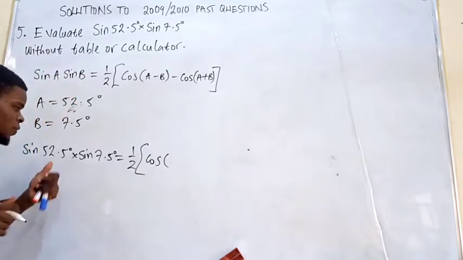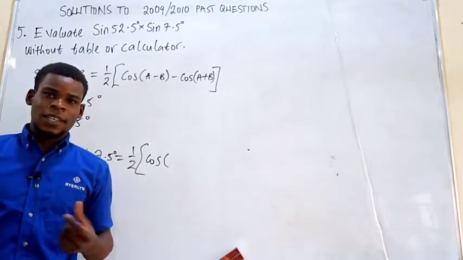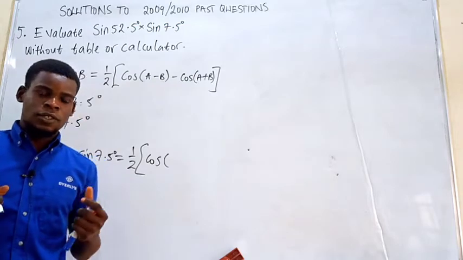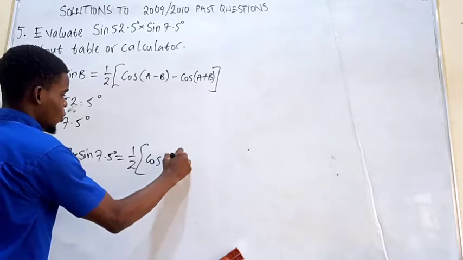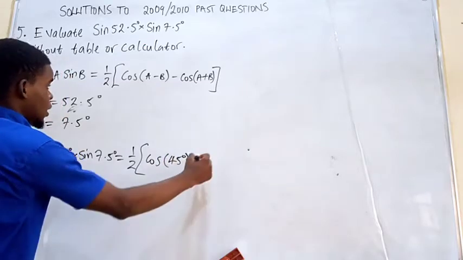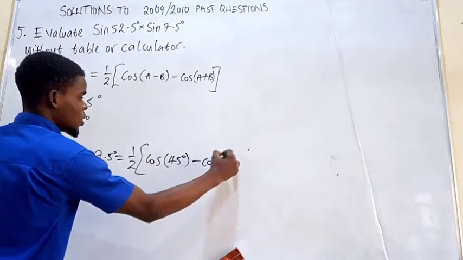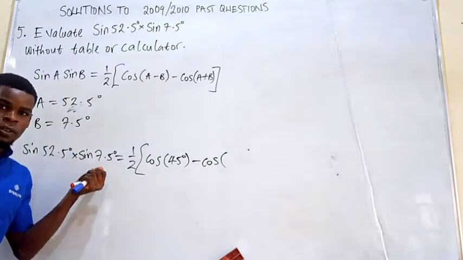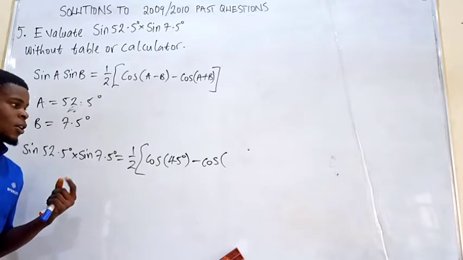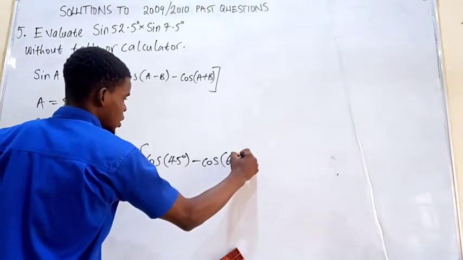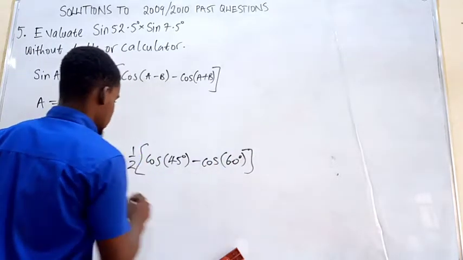So 52.5 minus 7.5, that is very simple to calculate, okay? That is just going to give us 45 degrees. So we go ahead and put it down, 45 degrees. Again, we subtract cosine of the sum of these two angles, 52.5 and 7.5, which will give us 60 degrees. Okay, so just put it down, 60 degrees.